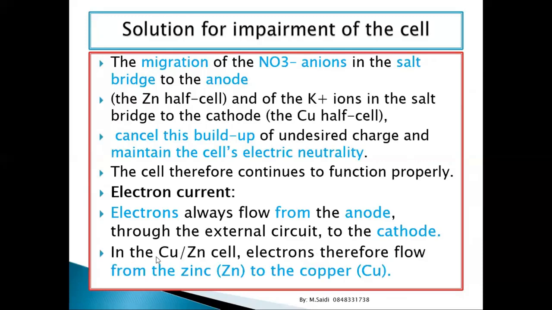So in a copper zinc cell, electrons flow from zinc to copper. I've tried to explain that. It means that it moves from a more reactive element, which is able to be oxidized, to a less reactive element, which is able to be reduced.